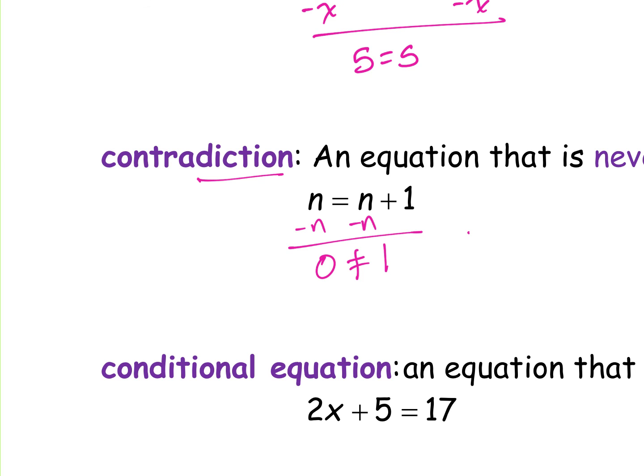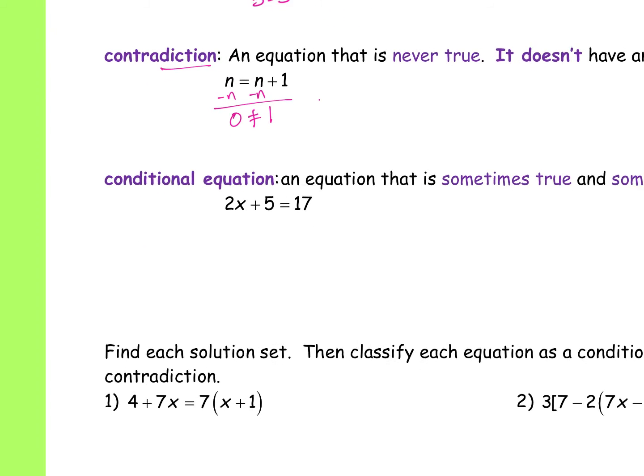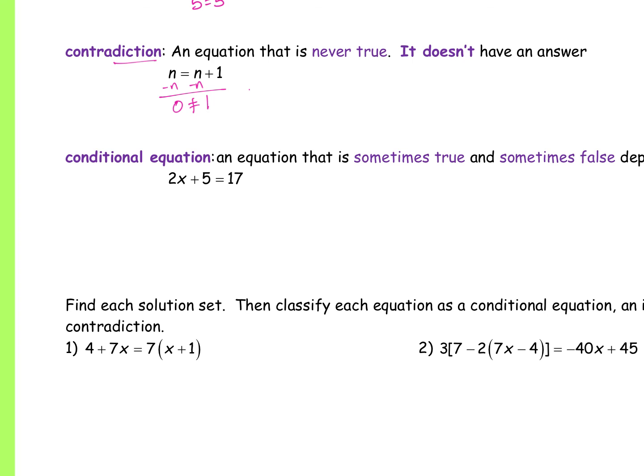Okay? And then the last one is the one that you use all the time. You just didn't know it had a name. And the name is a conditional equation. It's an equation that's sometimes true and sometimes false, depending on what the answer is. Almost every equation you solve is a conditional equation because it has an x equals something.